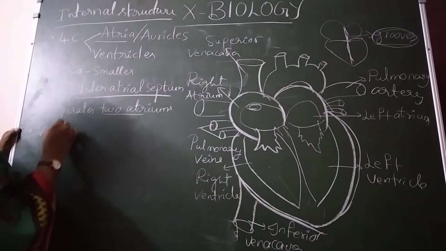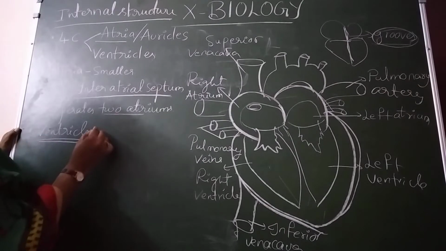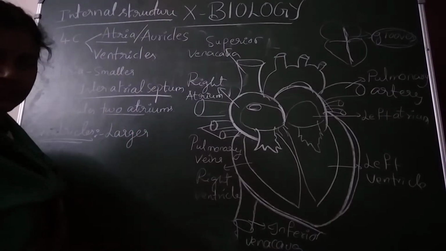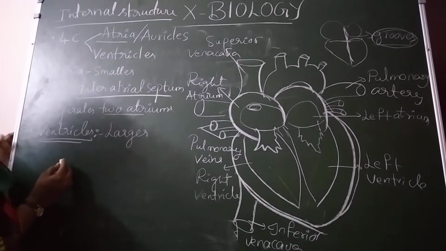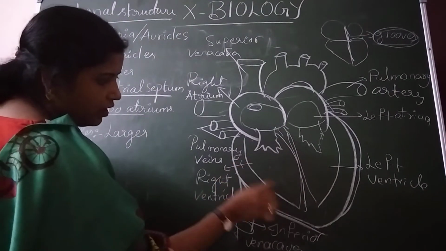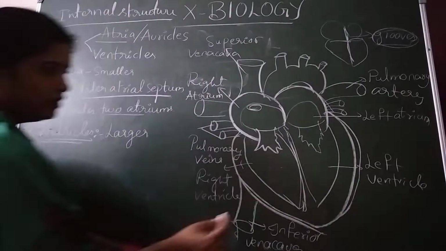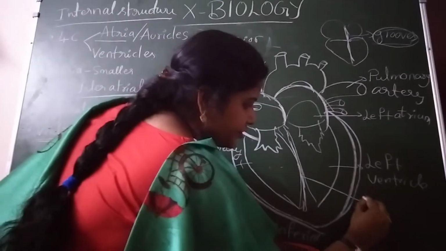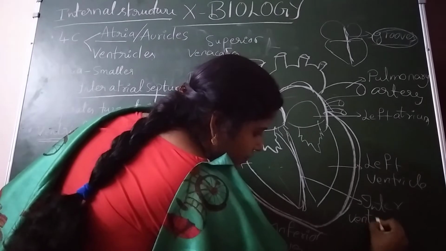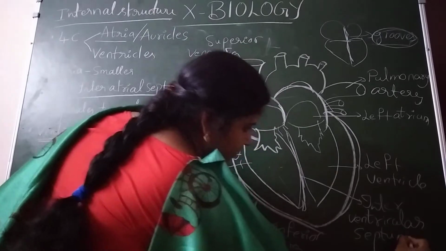Okay, then the ventricles. So what about the ventricles? Ventricles are larger in size, right? And the 2 ventricles are separated by the interventricular septum. Okay, so this will be the interventricular septum.